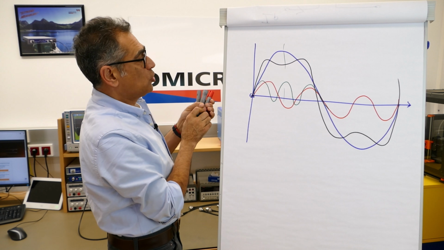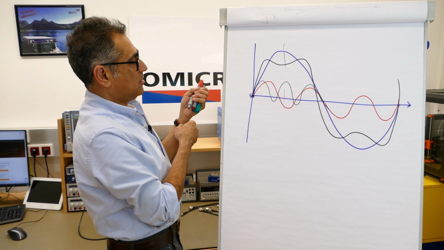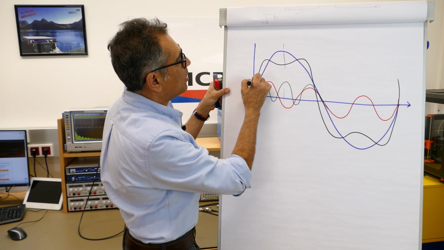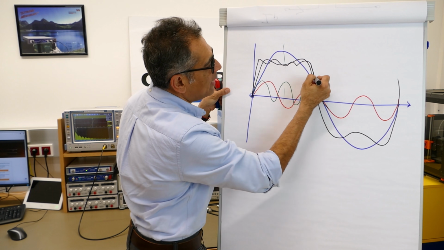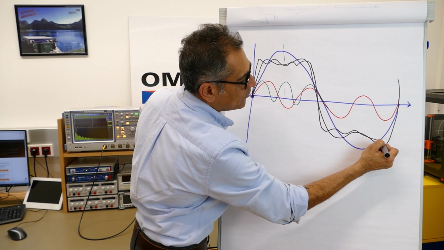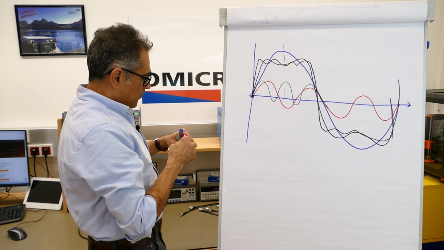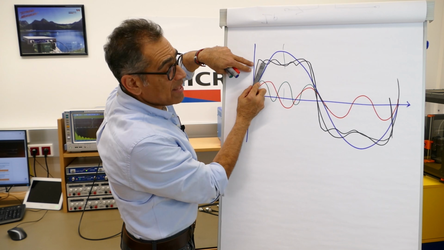Let us do it again in black. So this edge is going to become sharper, this bit is going to get flatter, I'm going to get more wiggle, and it's going to do that.